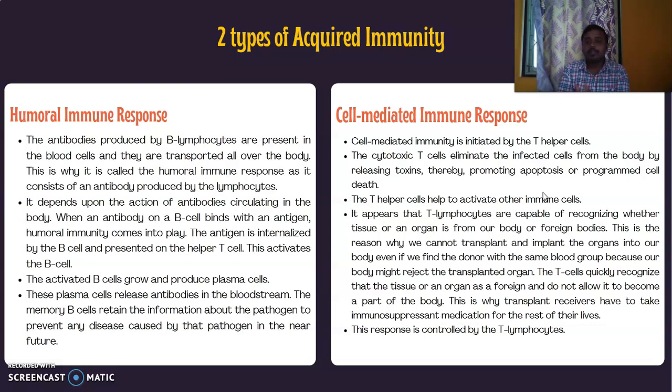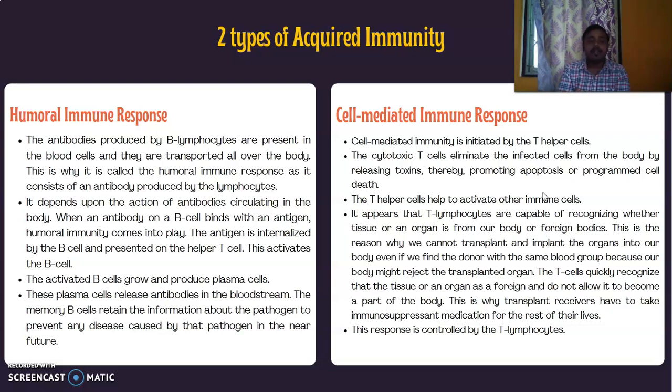But most of the time, this T cell which received the antigen from the antigen presenting cell can go and activate the B cells. When this B cell gets activated, it can produce antibodies against the specific antigen. This is why it is called the humoral immune response, as it consists of antibodies produced by the lymphocytes. It depends upon the action of these antibodies circulating in the body.